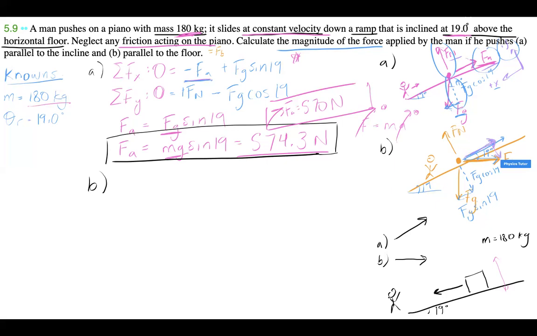And this is going to be FB cos 19, and then we're going to have this FB sine 19, right? Awesome. So now we just have to write down the summation of forces in the X and Y direction and then just isolate for FB. So let's do that.